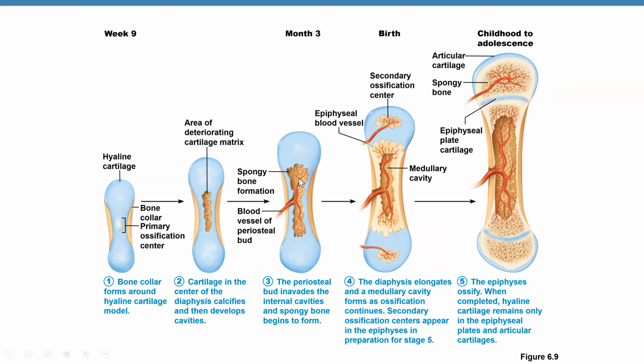Then this cartilage that was inside the diaphysis is replaced by bone. Then we start formation of the secondary ossification center in the epiphysis, and we form spongy bone in the epiphysis. Right, at the same time, the medullary cavity forms inside the diaphysis.